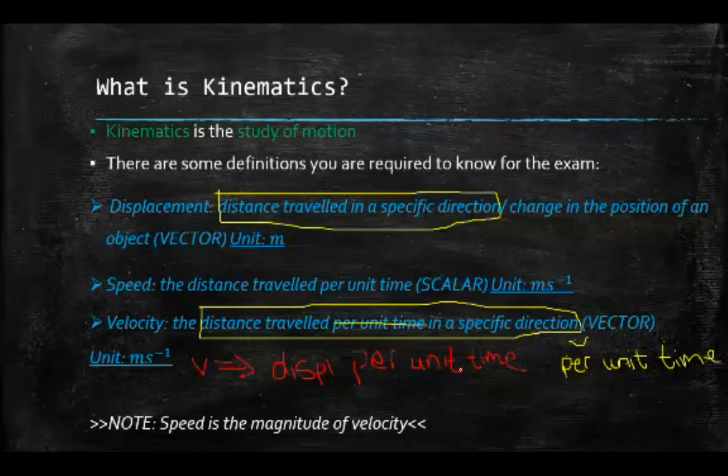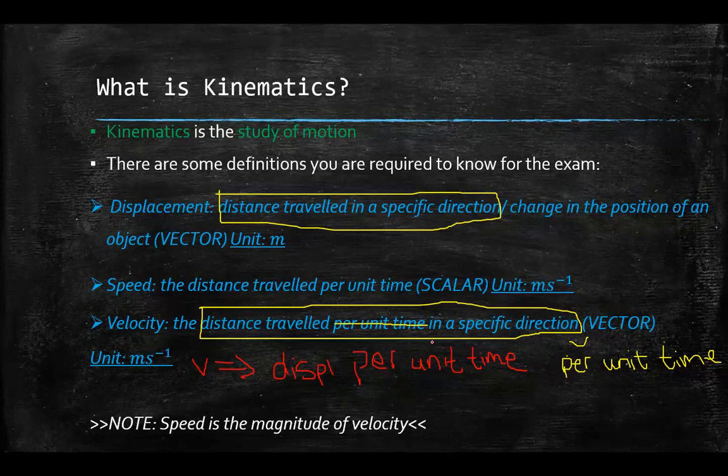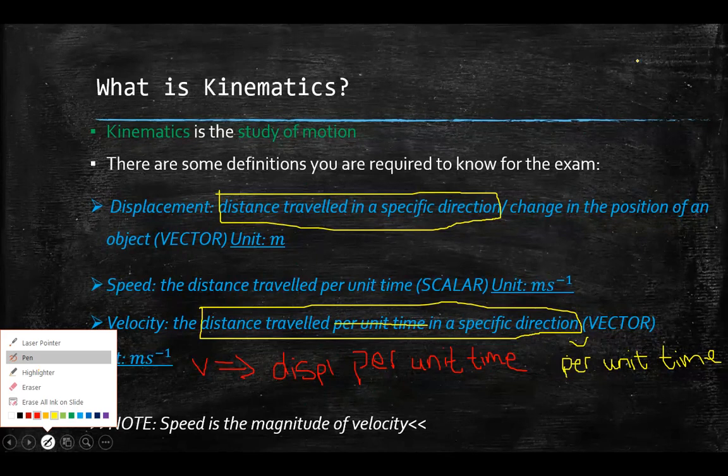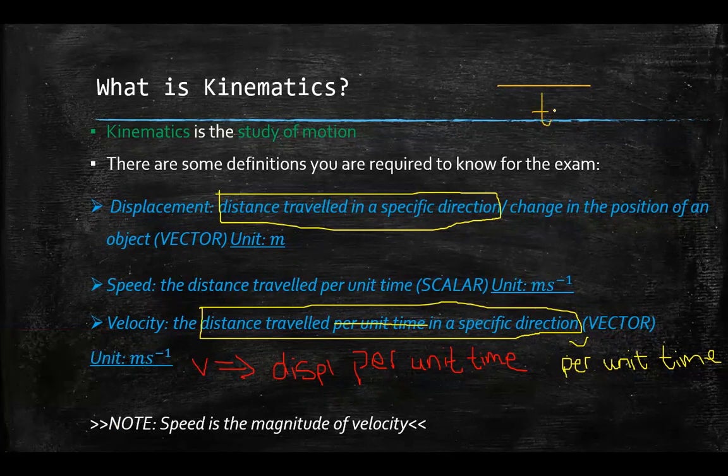So instead of putting this long definition, the distance traveled in a specific direction per unit time, this is the definition of displacement. So velocity is really the displacement per unit time. And remember, per unit time also indicates divided by time, right? So it's displacement on time. Keep this in mind. Displacement on time is the same as velocity.